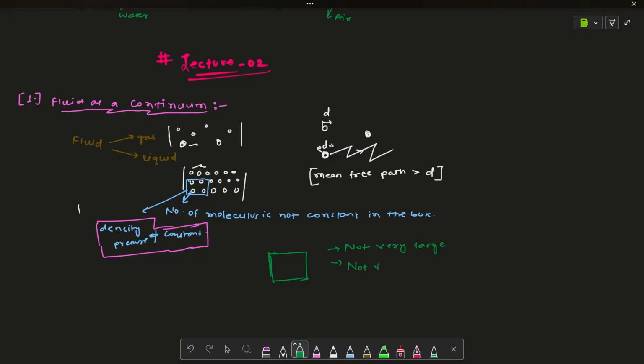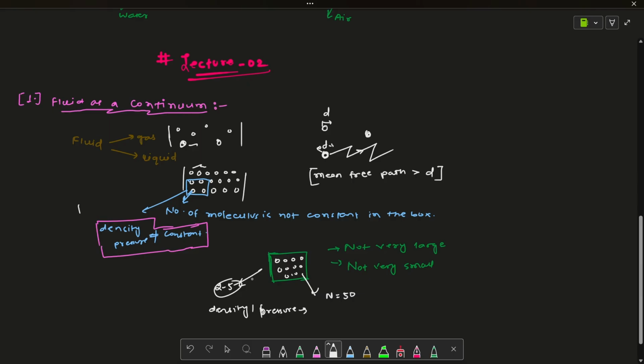Let's suppose we have selected a volume where 50 molecules are there, N is 50. Even though some molecules, like 2 to 5, keep coming and going from this box, the density and pressure will not vary that much.